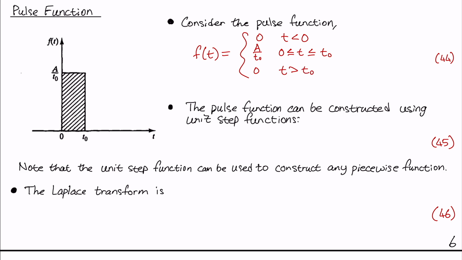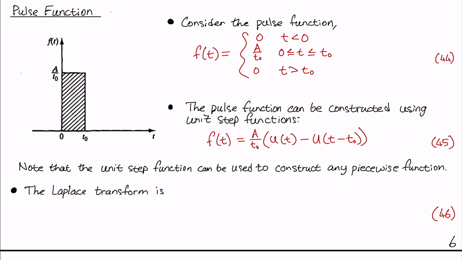And so now I have this three-part piecewise function. We can also express it using the unit step. Say f of t here is equal to A divided by t0, that's our amplitude, times the unit step of t minus the unit step of t minus t0.